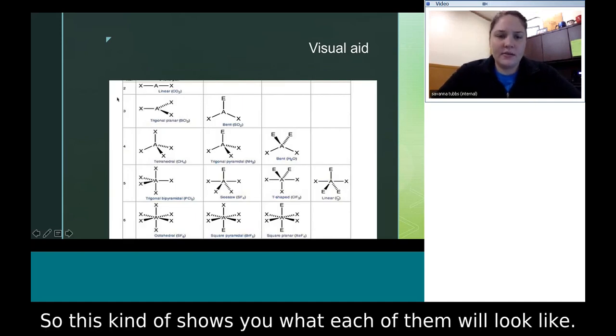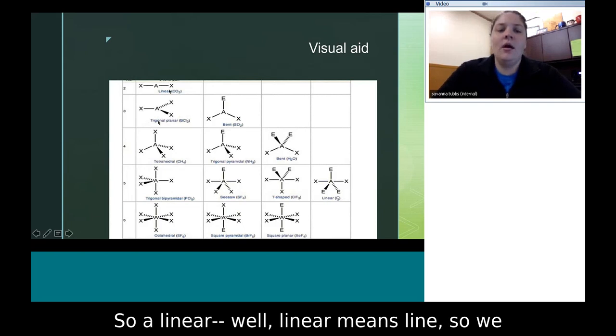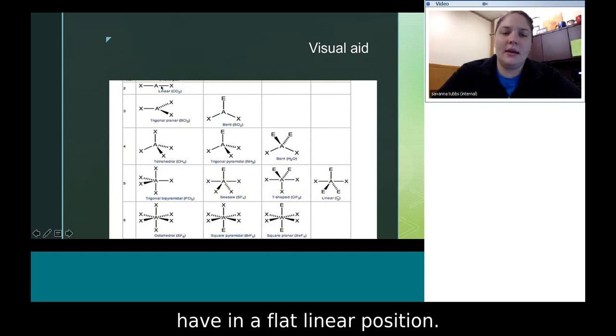This kind of shows you what each of them looks like. Linear means line, so we have it in a flat linear position.